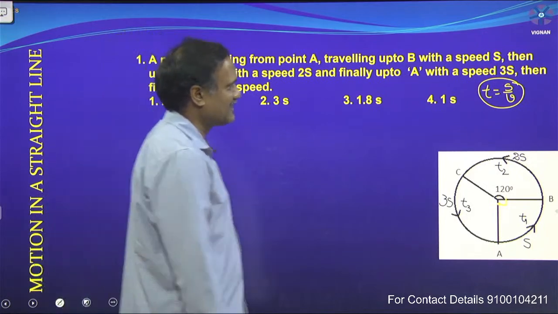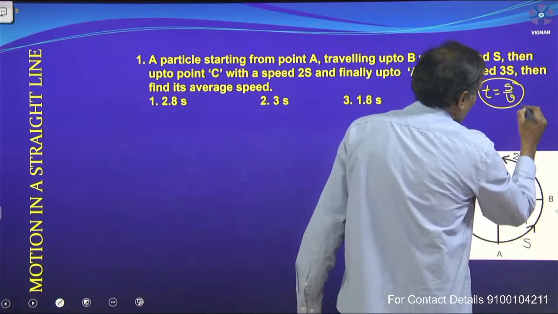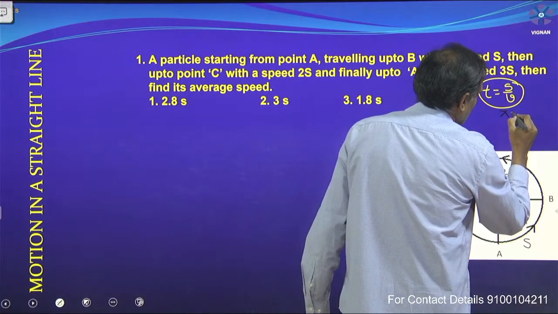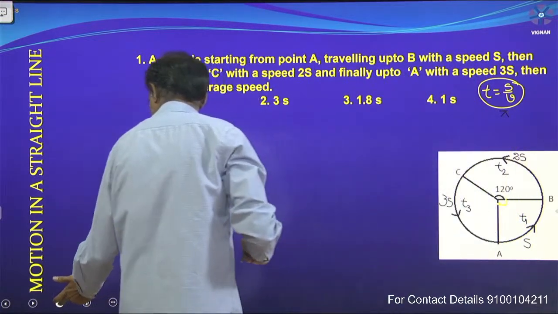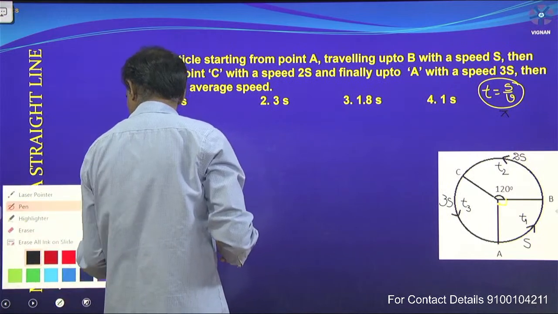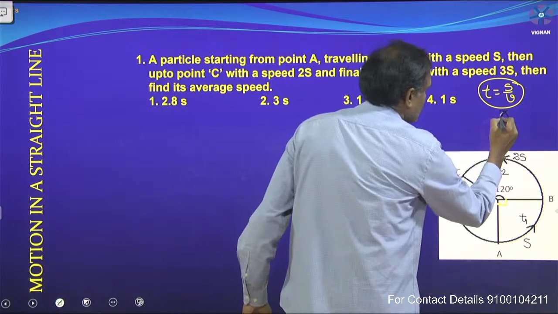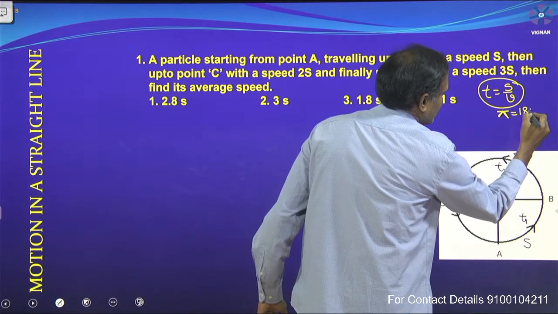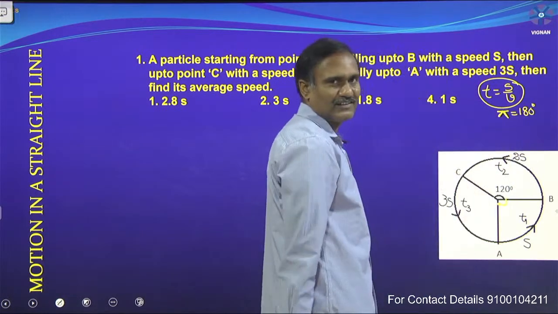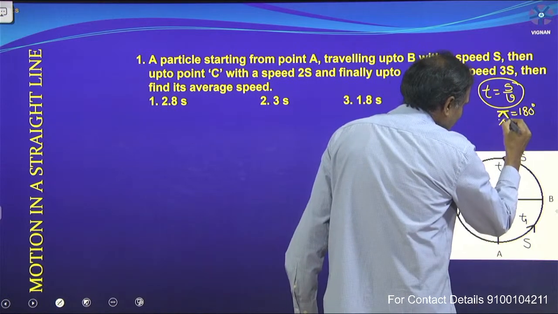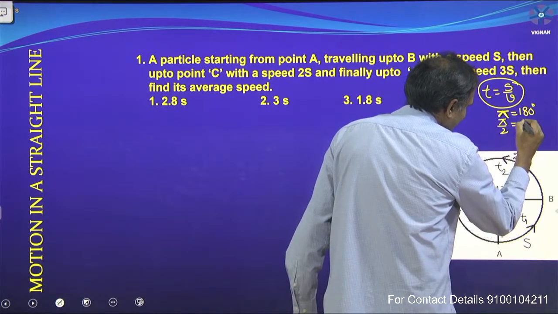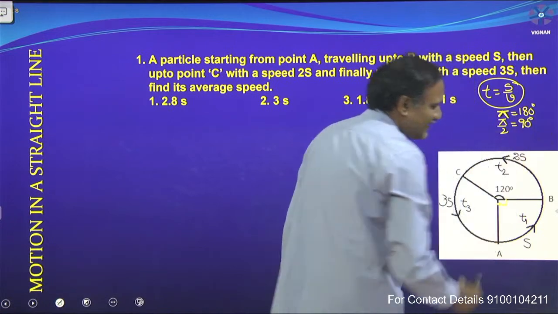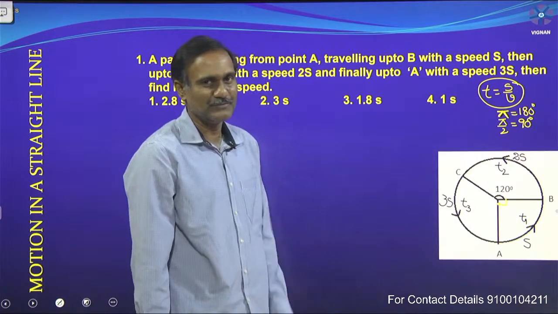Already we know that pi is equal to 180 degrees. Therefore, pi by 2 means 90 degrees. 90 degrees is nothing but pi by 2.